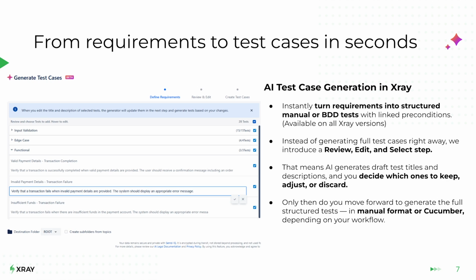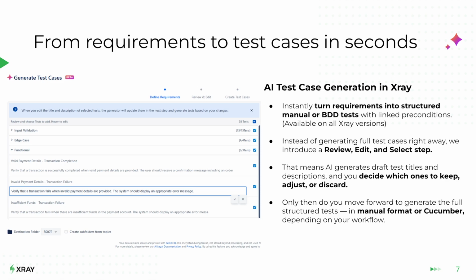So the AI proposes the test titles and descriptions, but then the user or tester reviews and decides which to keep or modify. Xray then generates the full structured test cases. And this reduces the rework and ensures the quality of the test suite from the very start.